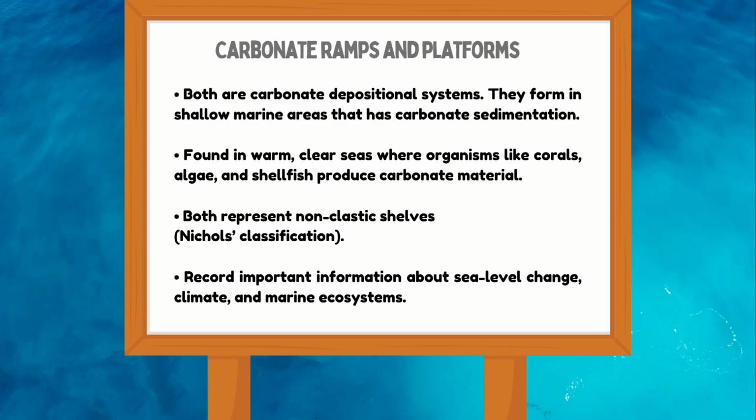Unlike clastic shelves, these are classified as non-clastic shelves following Nichols' classification. Studying them is important because they preserve evidence of past sea level changes, climate conditions, and the state of marine ecosystems, making them valuable records in Earth's history.